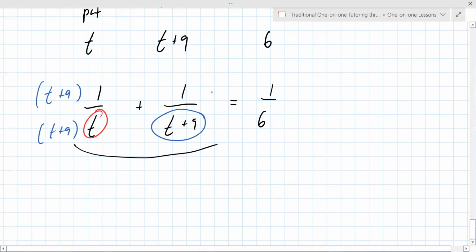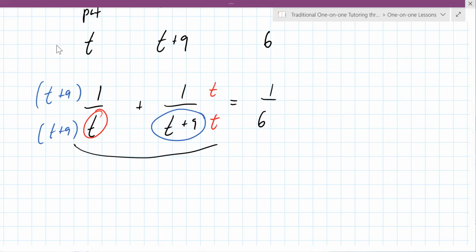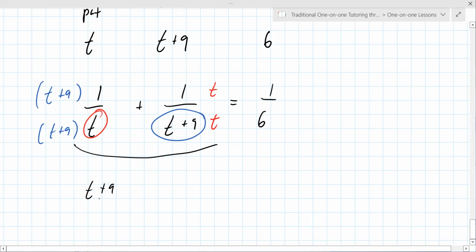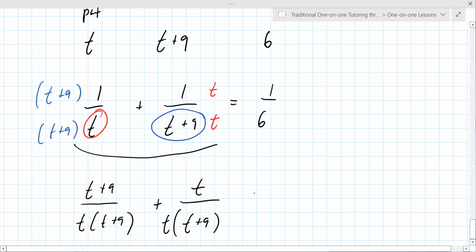Take this T on the left here, multiply the top and bottom by T. So here's what that looks like when we're all done: T plus 9 over T times T plus 9, plus T over T plus 9, and then we'll put the T out in front, equals 1 over 6.